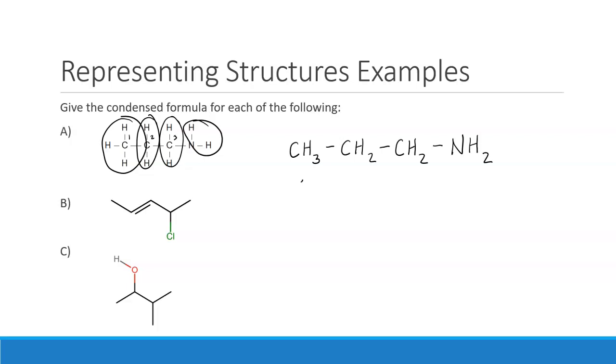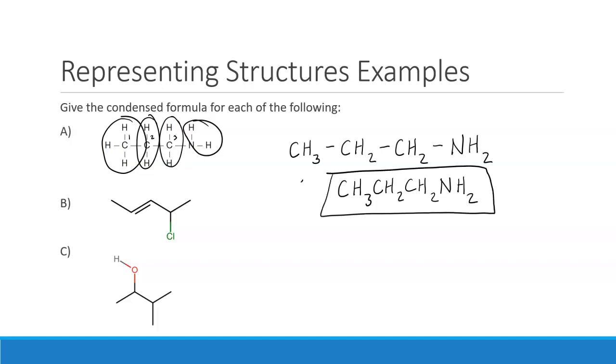And sometimes you will see the condensed formula simplified even further, where if you type in an answer, you can simply say CH3, CH2, CH2, NH2. Okay, both of those are acceptable condensed formulas, but typically if you were typing in an answer, the second is the more likely.